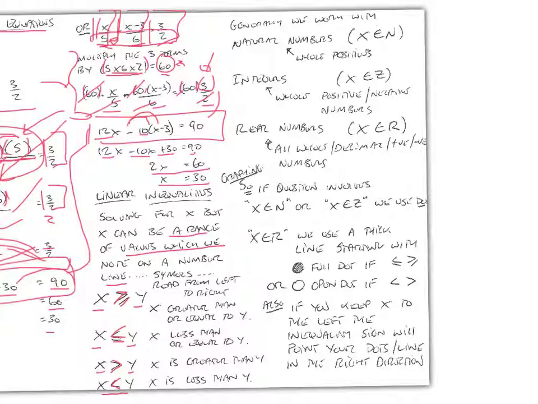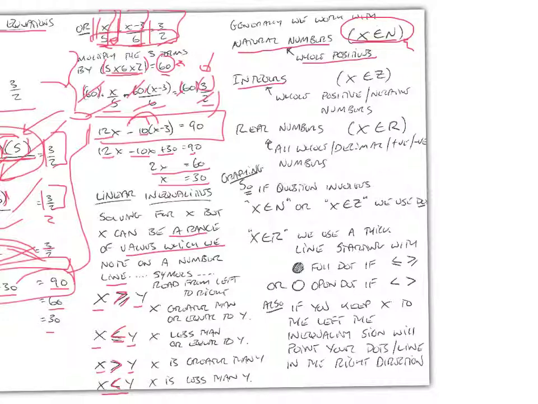When we work with linear inequalities, we'll be working with natural numbers. They're the whole positive numbers, and that will be signified if we see that x is an element of the set of natural numbers. That's all that mathematical notation means.